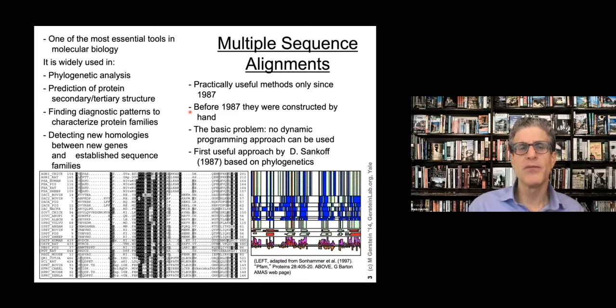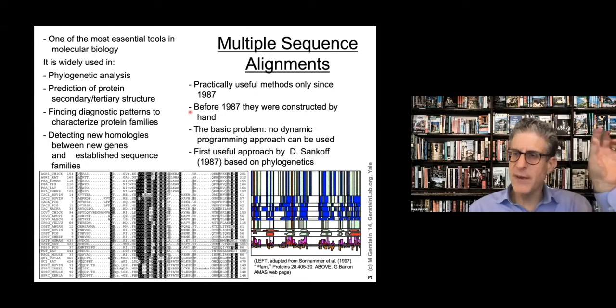And now the problem with multiple alignments is that you could imagine trying to optimally align three sequences very much like I described. For two sequences, you would get the best alignment of the three up to a point, and you would keep adding on.